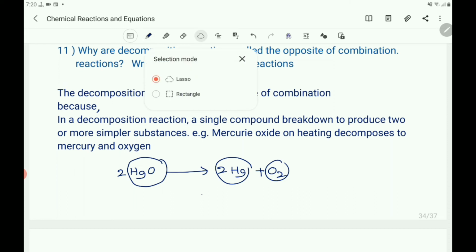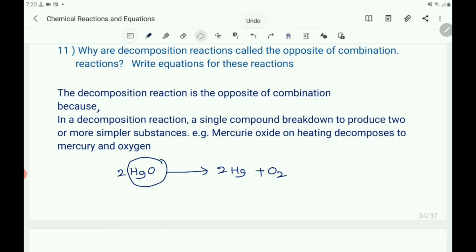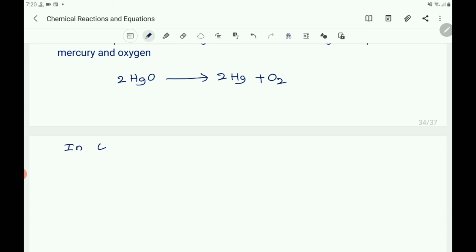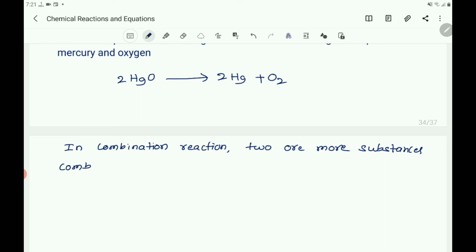Next, here in combination what happens? In a combination reaction, two or more substances combine to form a new substance.